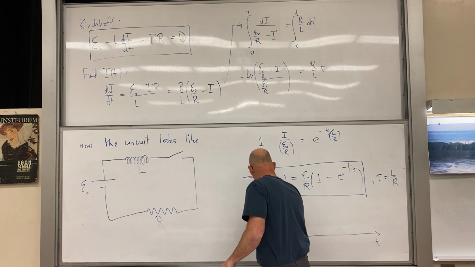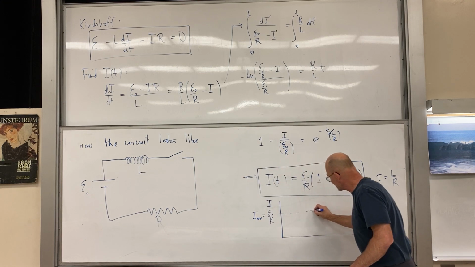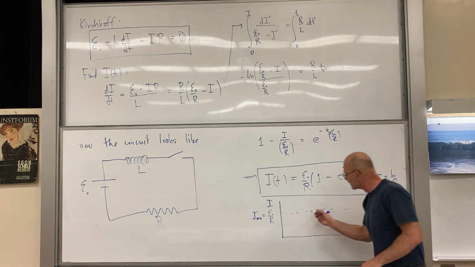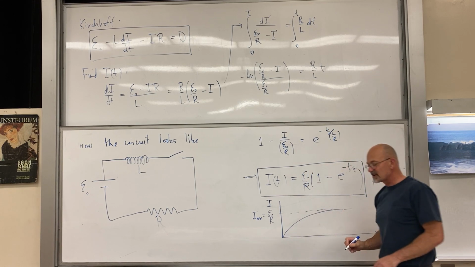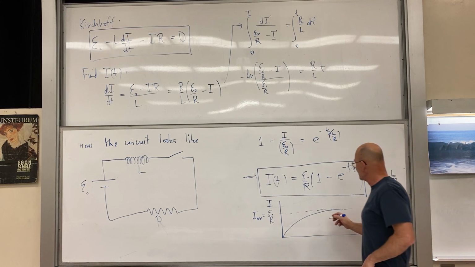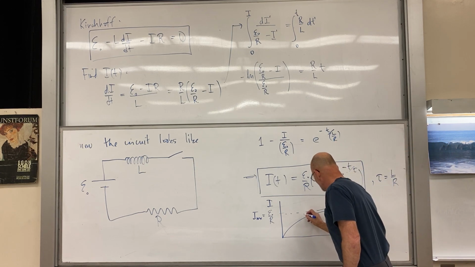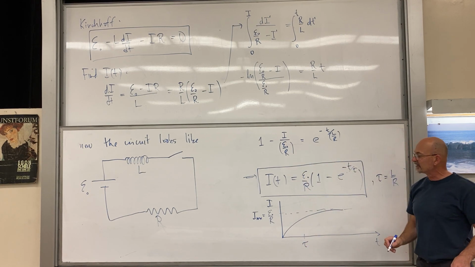So you've got I max equals E0 over R. That's going to be an asymptotic value, and we're just going to grow linearly initially, and then it saturates at some point. So yeah, 1 over e here, so your tau is out here somewhere. And that's the behavior.